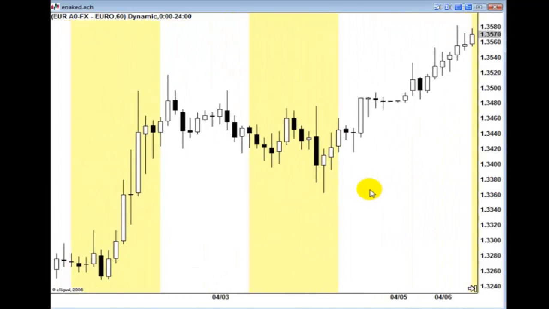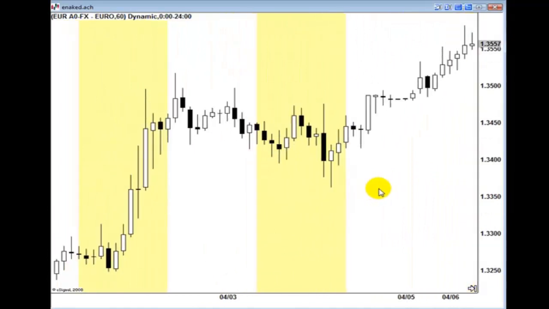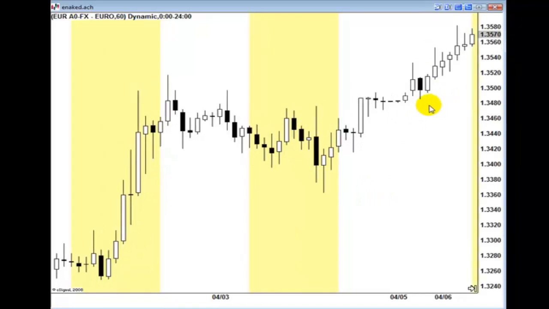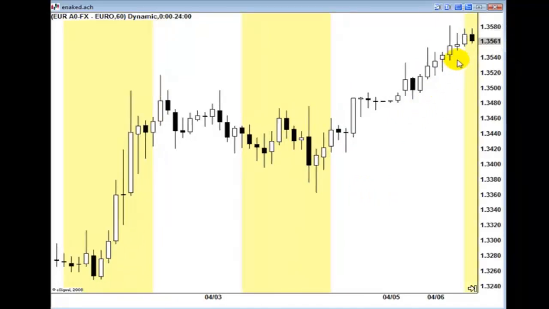And here's a good example. We get a spike high right there, followed by another tiny little spike high, and we get these two tiny reversal full stop candles. Look at the size of, in fact, all three of these candles in comparison to all these candles back here.